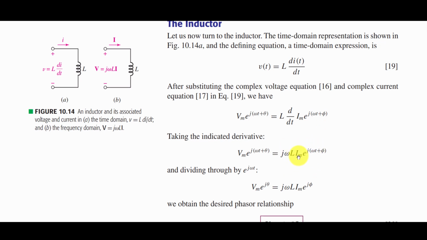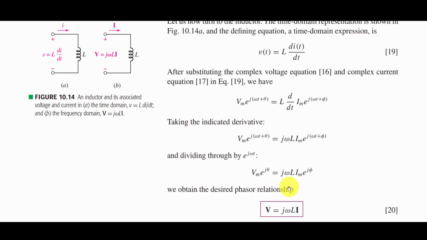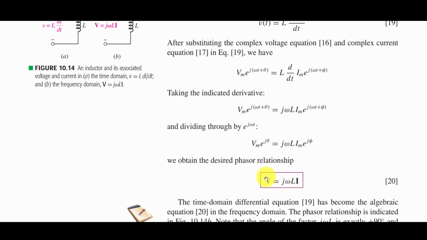So we have this equation with j omega written right next to it, and if we assume that e to the power j omega t is written right next to every voltage and current, we do not write it, or we just divide both sides by it. This phasor relationship is V equals j omega L I, or if we take the ratio of V to I, the inductor in the frequency domain has impedance of j omega L ohms, and this j only represents the phase difference between voltage and current of 90 degrees.